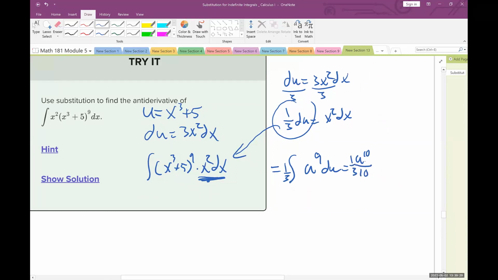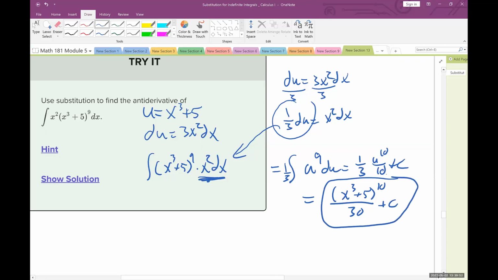One-third u to the 10th over 10. That's times there, so it's u to the 10th over 30. Oh, I forgot my plus c. So 1/3 u to the 10th over 10 plus c. So I'm going to end up with x cubed plus 5 to the 10th power over 30 plus c. By the way, you could write that as a 1/30th out front instead of under as a fraction there.